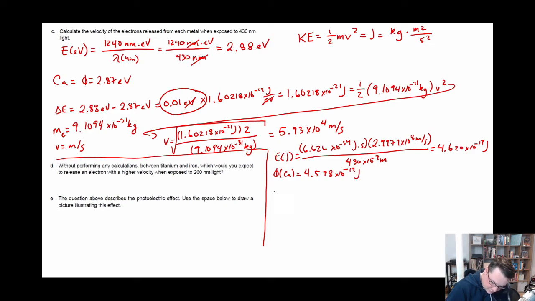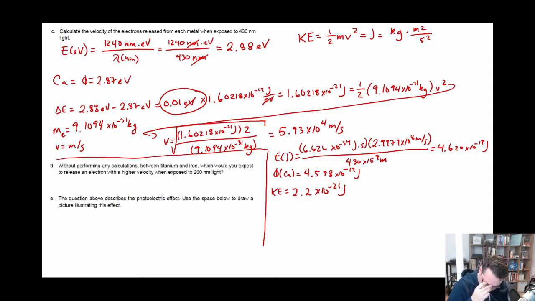And so then the kinetic energy in that case will be 4.620 times 10 to the negative 19 minus 4.598 times 10 to the negative 19, which comes out to 2.2 times 10 to the negative 21 joules.